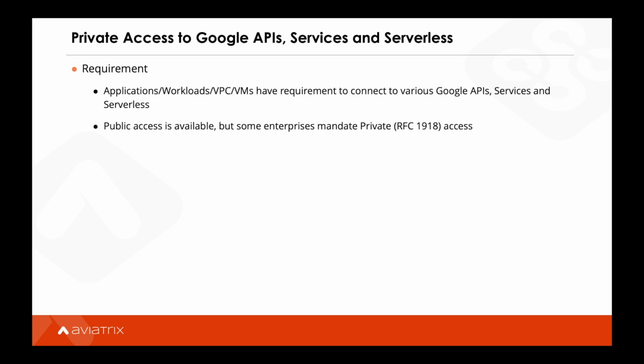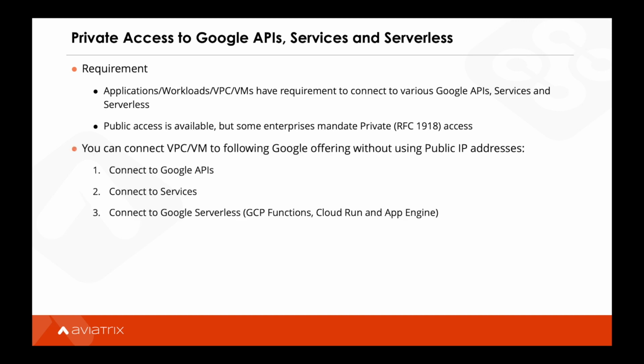They don't want to go onto the public internet and consume those services. You have an option to connect your virtual machines or your VPCs to these Google offerings without using public IP addresses. So you can connect to Google APIs, Google services, or Google serverless, such as Cloud Functions, Cloud Run, or App Engine, using private connectivity.